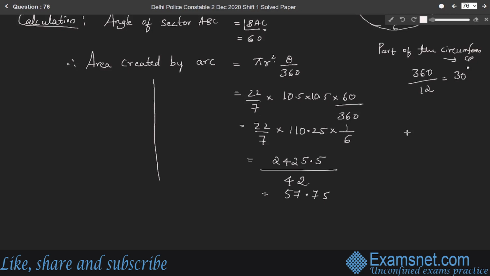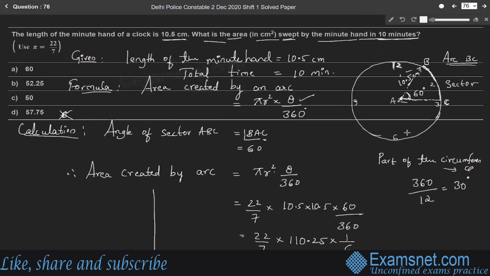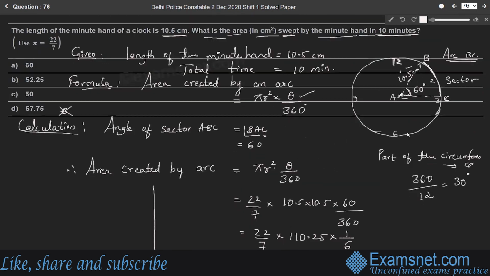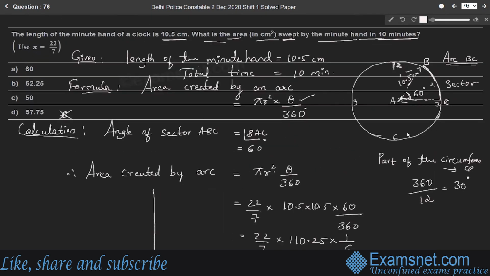So the area created by the arc, or the area of the sector ABC, is 57.75 centimeters square. Since it is area, centimeters square, therefore option D. Option D is the right answer.